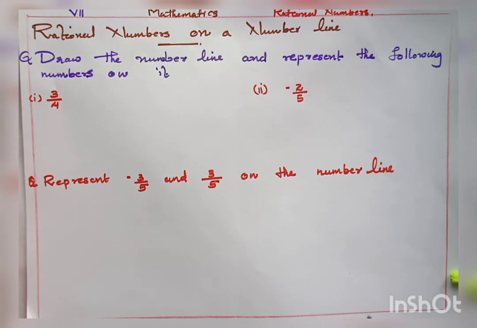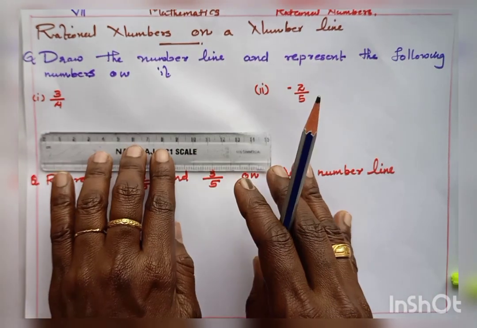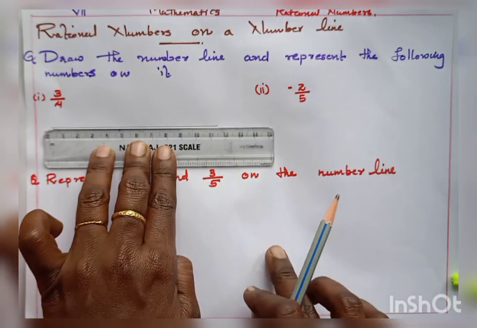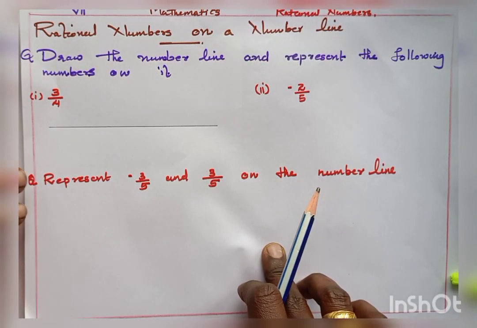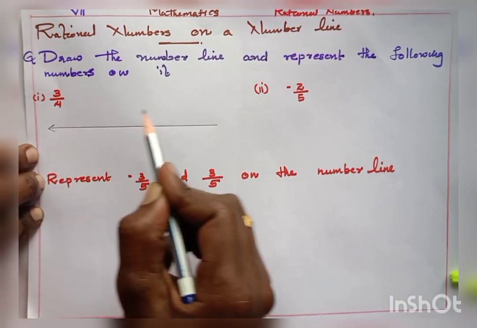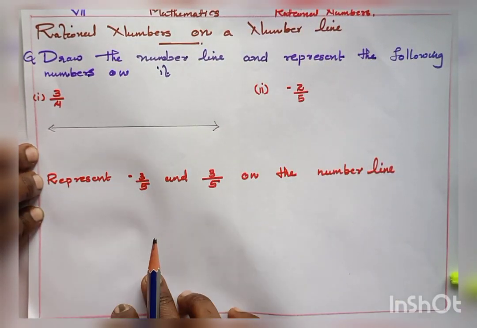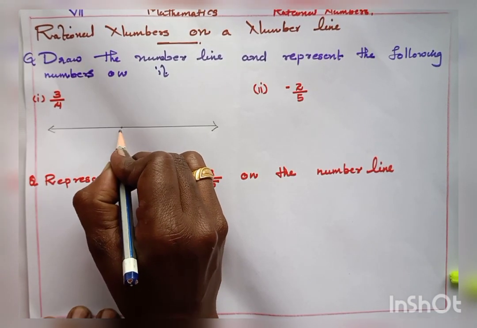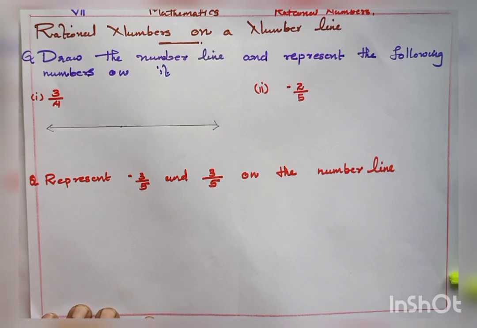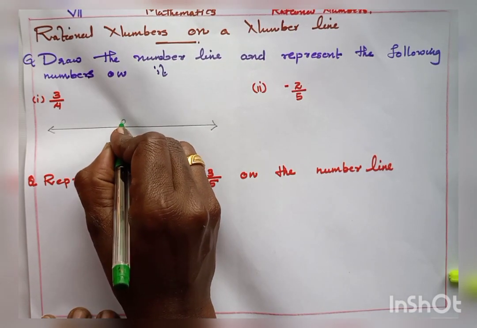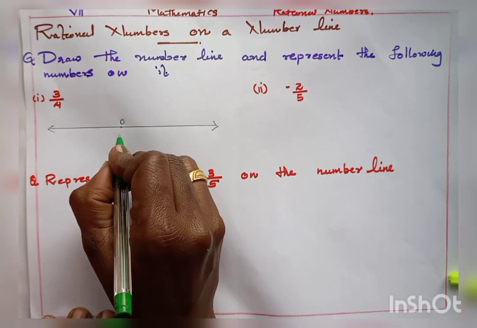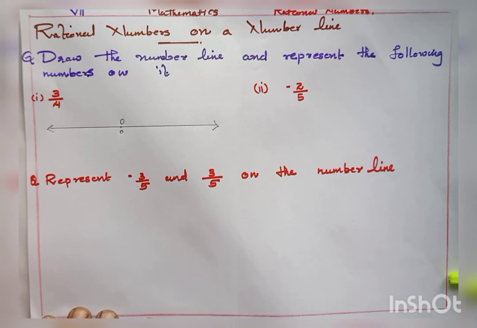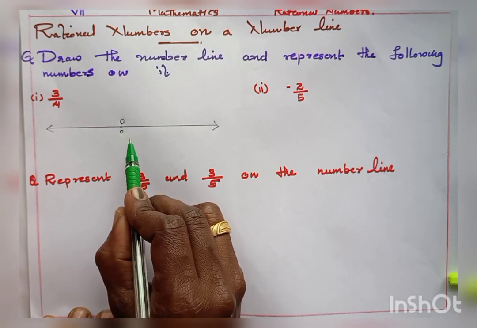To represent 3 by 4 on a number line, first draw a line. Then choose a point O on it that represents the integer 0, as we know that 0 is neither positive nor negative.